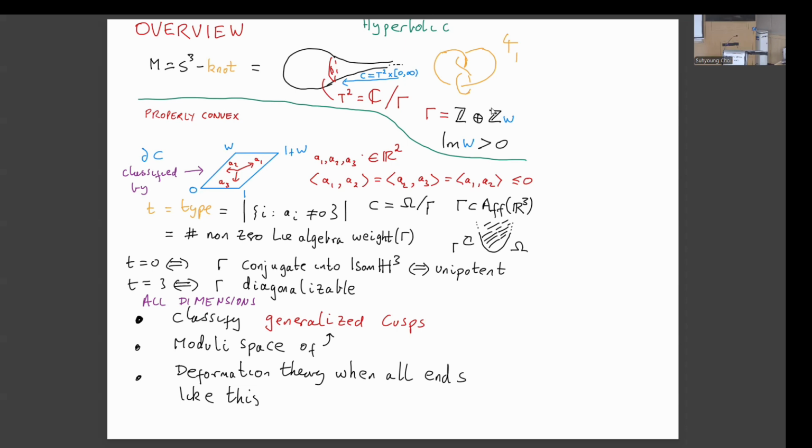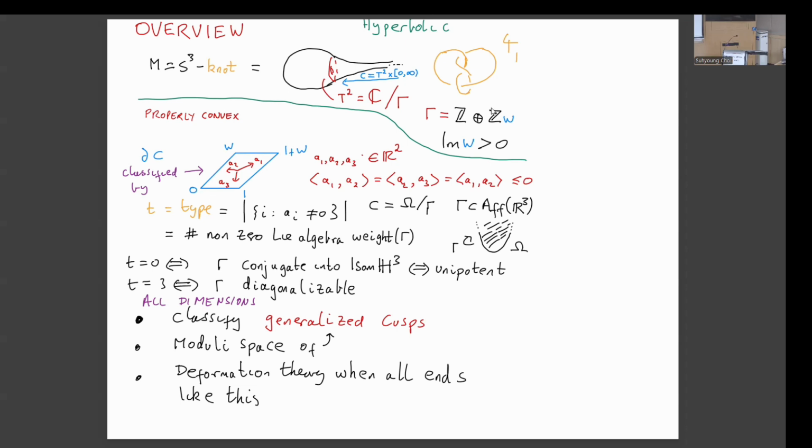So what I'm going to do is actually describe this picture in all dimensions. So here I'm just talking about dimension 3. So one goal is to classify what we call generalized cusps. So that's this kind of structure in all dimensions. And then the next goal is to describe the moduli space of generalized cusps.